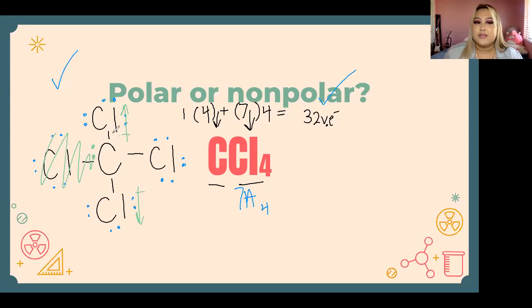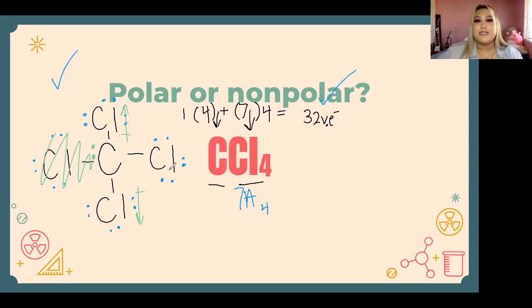So it wouldn't evenly distribute the electrons we want to be bonded, right? Good question, because usually a big giveaway for making it polar is if it has lone pairs. If it has lone pairs, it's pretty much a dead giveaway that it is polar.